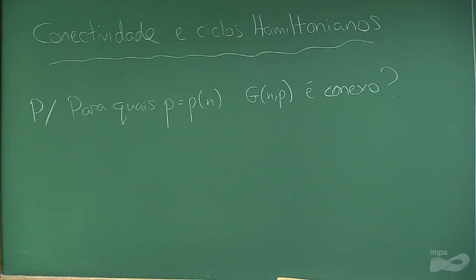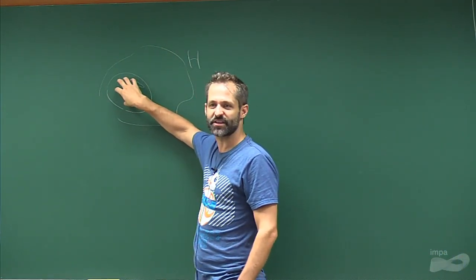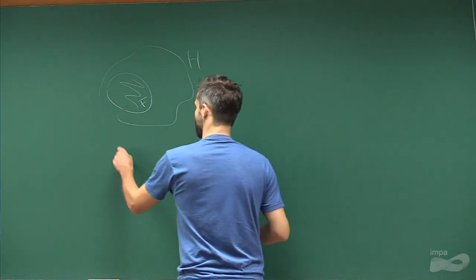Finding a copy of F was the obstruction for finding a copy of H. Does that make sense? The most difficult thing in finding a copy of H is finding a copy of this dense bit F. F is the obstruction.